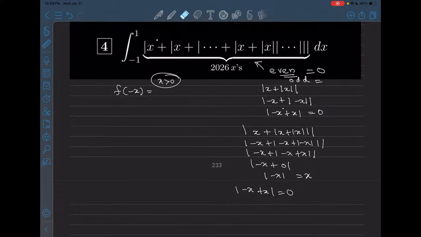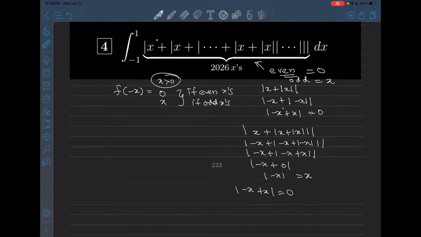So if x is a positive number, then I can definitely say that the modulus of -x is x. So for x being positive, f of -x will be 0 if there are an even number of the x's, and it will just be x if there are an odd number of x's, okay?